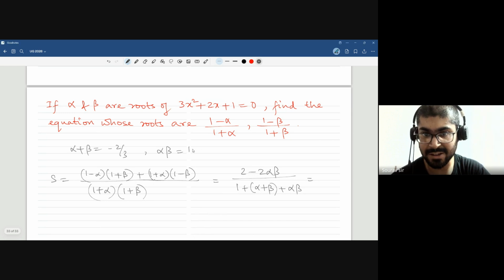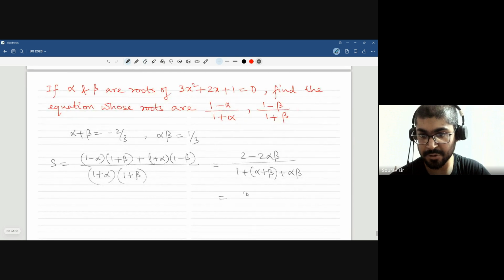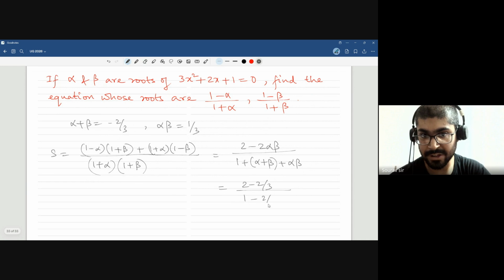Alpha beta is 1 by 3, right? That's c by a. So here you will get 2 minus 2 by 3 and 1 minus 2 by 3 plus 1 by 3. So that will give you 4 by 3 divided by 2 by 3.